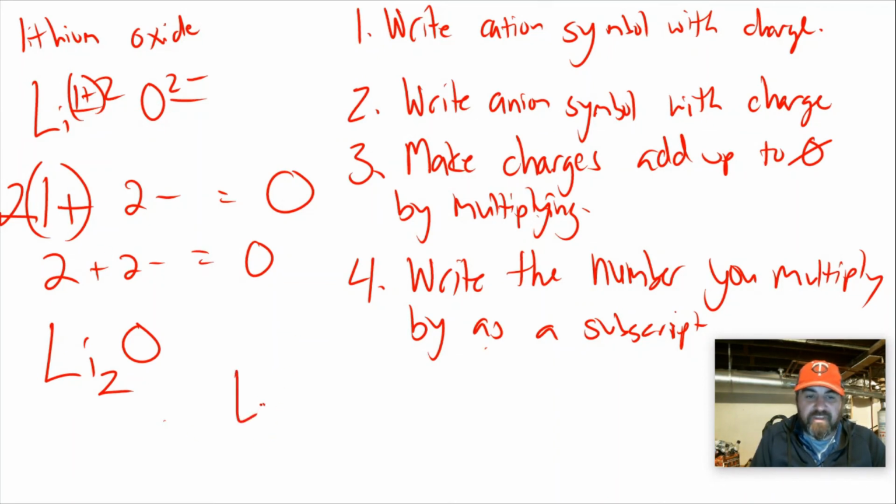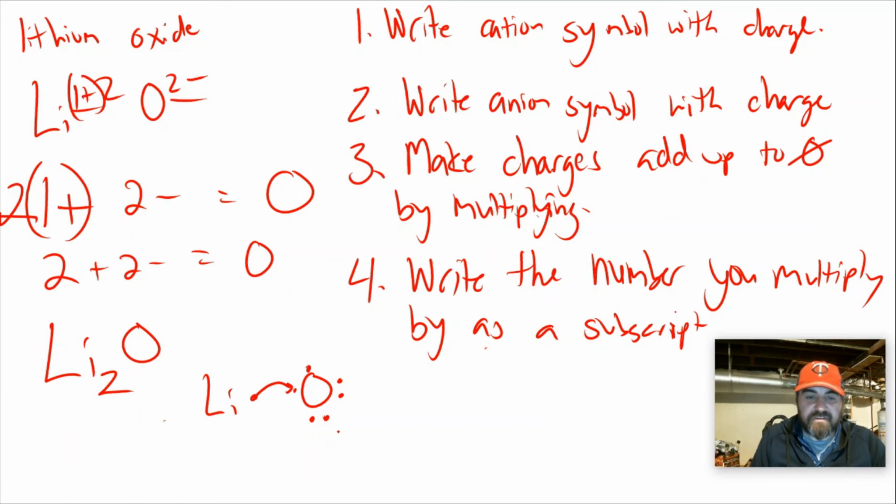Right now lithium has 1 valence electron. Oxygen has, do you remember doing this? Li has 1 Lewis structure dot, and O has 6 of them.